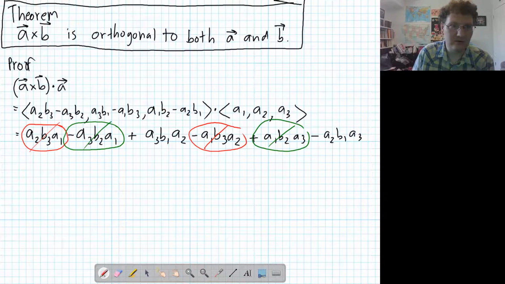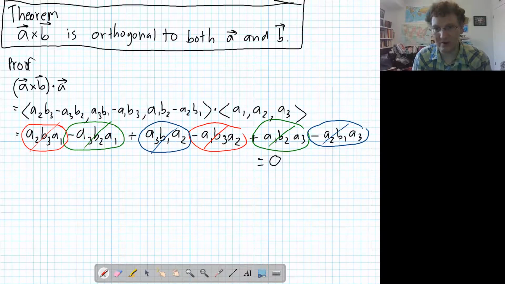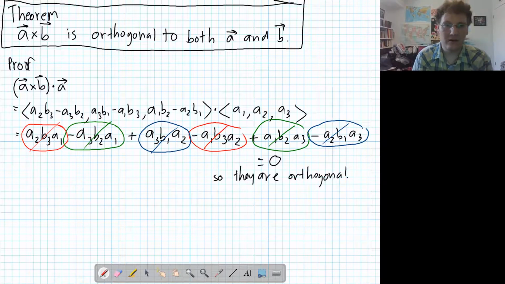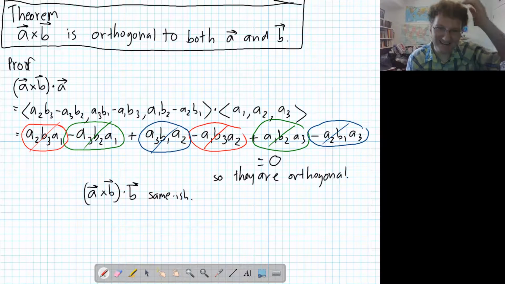And let's do the next one in blue: A3 B1 A2, and A3 B1 A2 again, all there. So we get not the zero vector, but just the number 0. So they are orthogonal. That's not too bad. And A cross B dot B works pretty much the same way.